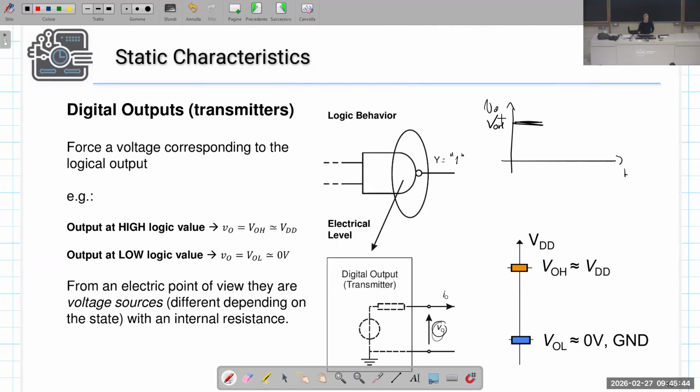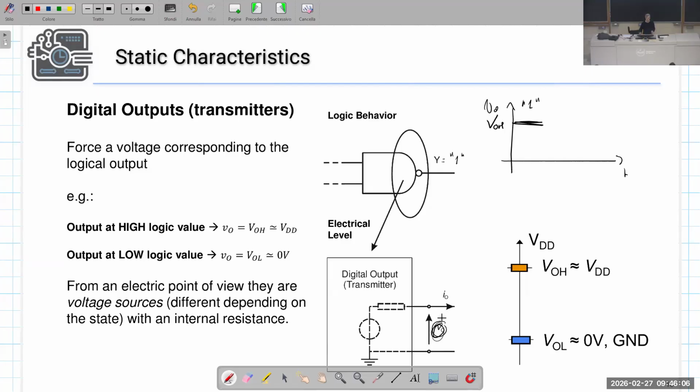That means output voltage at the high level. This encodes what we call the logical one. Similarly, this output voltage VO, by the way, maybe it could be useful to recall this concept.